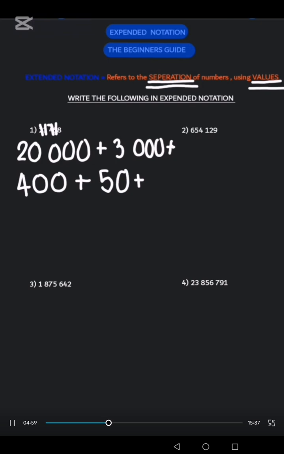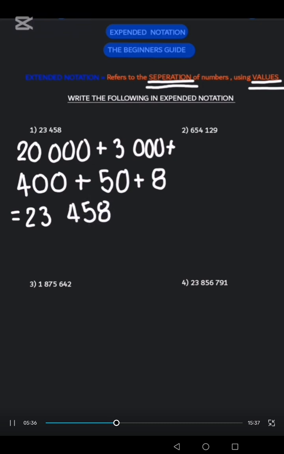Then we look at our next digit, which is 8, and we write 8 down. Is there any other number that we can change to 0? No, because there is no other number after the number 8. So after we write down these numbers in their values, we say it is equal to 23,458.